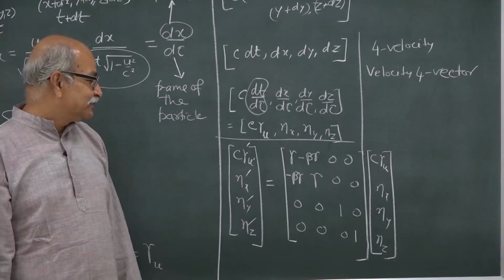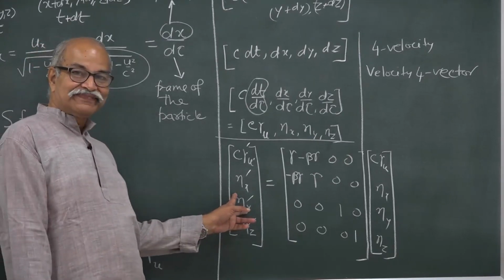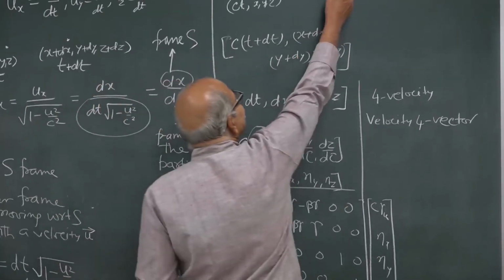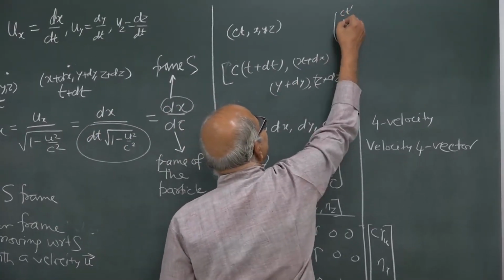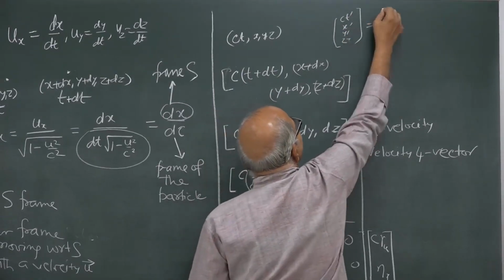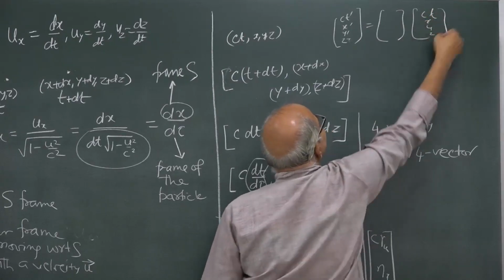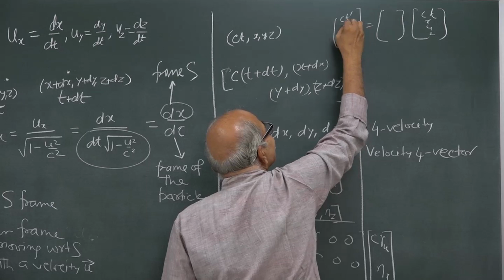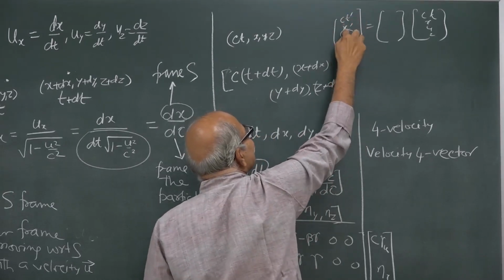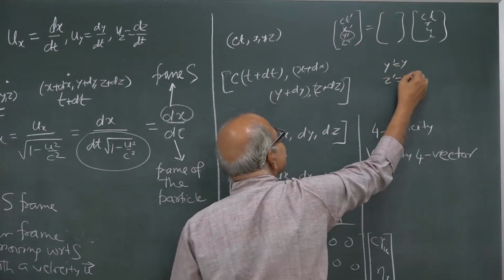So, you can immediately write what eta y prime is. You remember, for this transformation, if you write this as ct', x', y', z', and then the Lorentz transformation matrix, and here ct, x, y, z, you very well know that this y' is equal to y and this z' is equal to z.